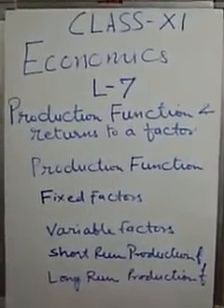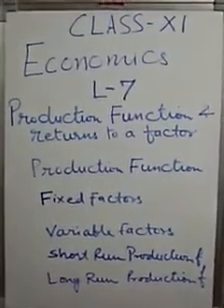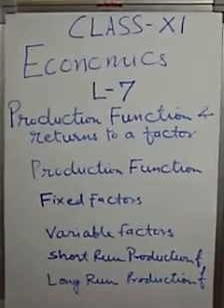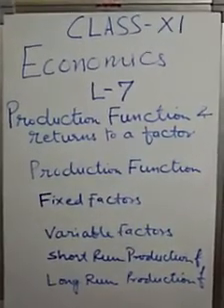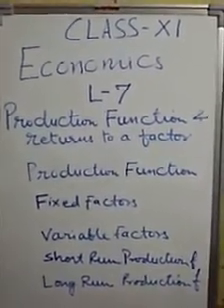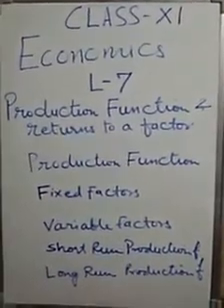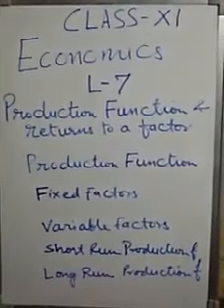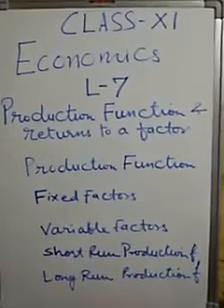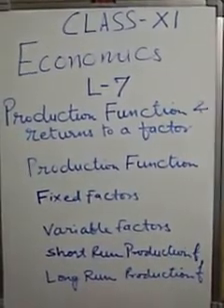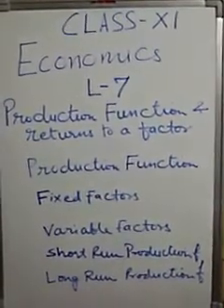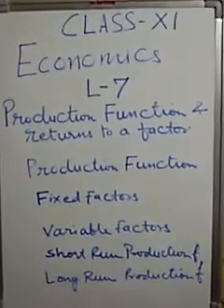Now coming to the long run production function. Long run is a period of time when the distinction between fixed factor and variable factor vanishes. All factors now become variable.